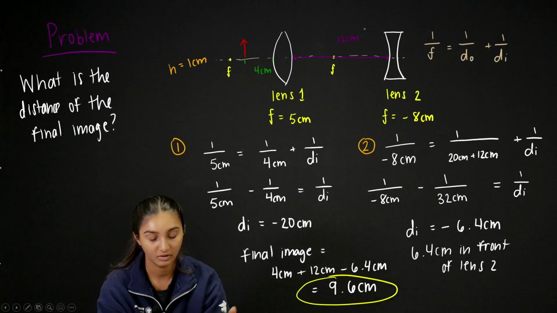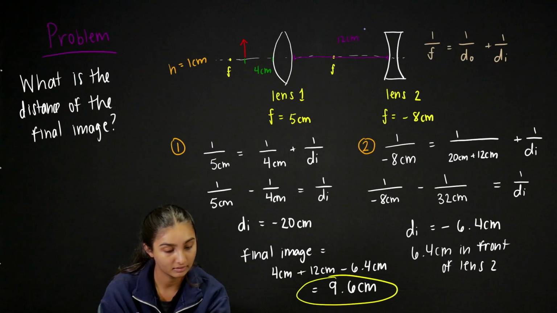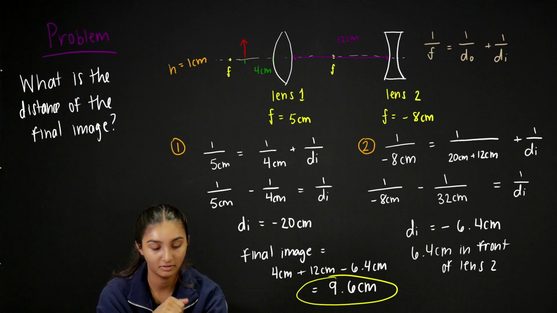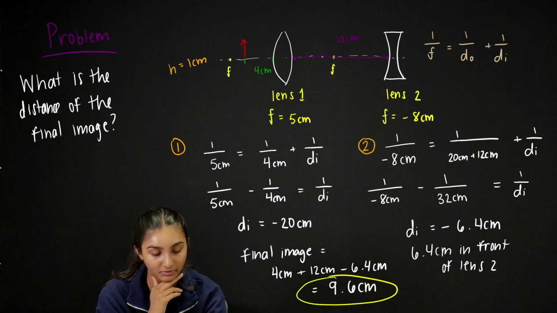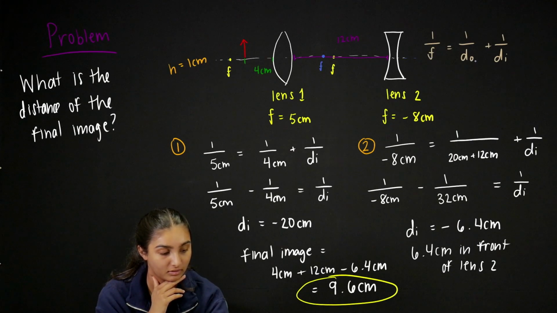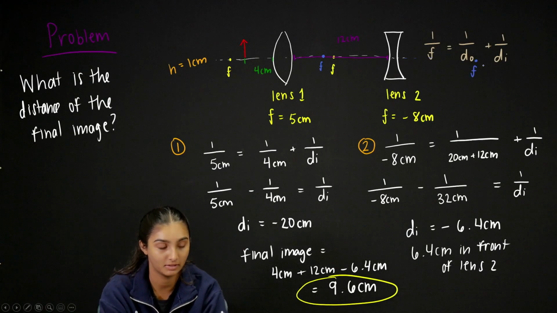So our focal point on the other side is going to be past our yellow focal point going left. So it would be over here. And on the other side, if we were to extend it, somewhere 8 over here. So both 8 centimeters for the blue, and for the yellow, 5 centimeters.